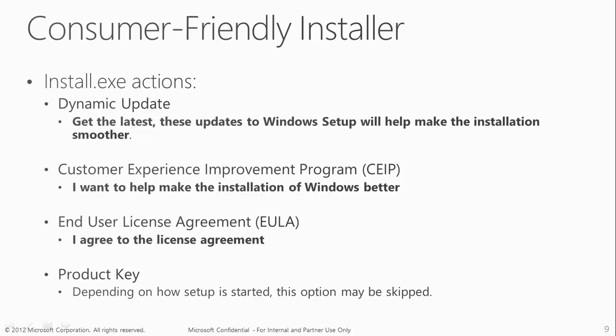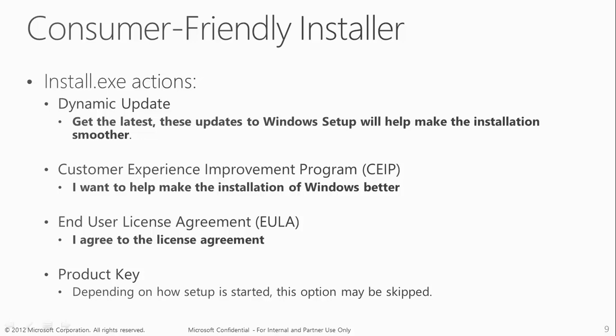Other documentation may refer to this consumer-friendly installer as either setup or advanced setup. So setup, in this case, is the method of installing Windows that started from down level and uses install.exe. This version is what will be used by the majority of consumers installing their own copy of Windows over an existing down level copy of Windows.